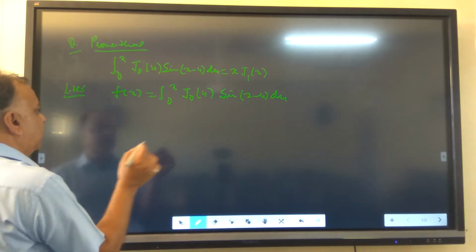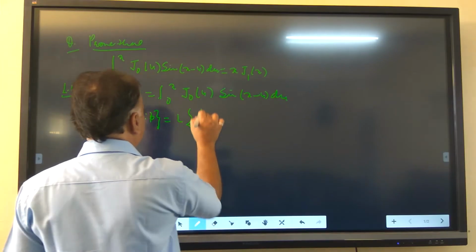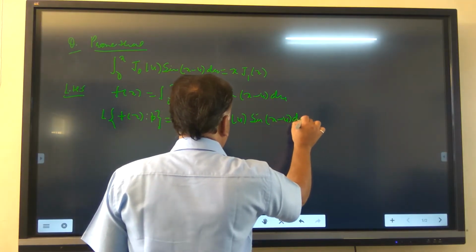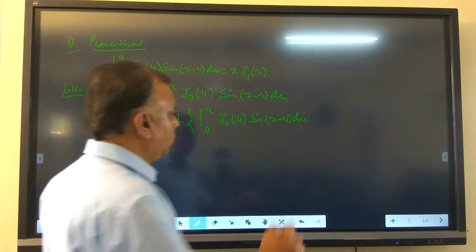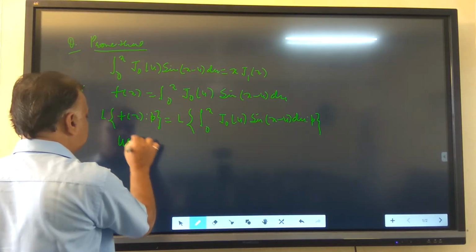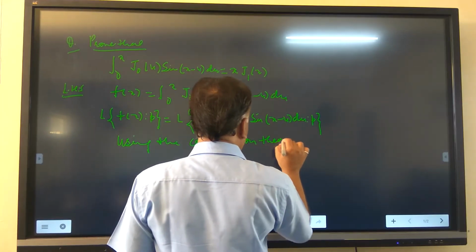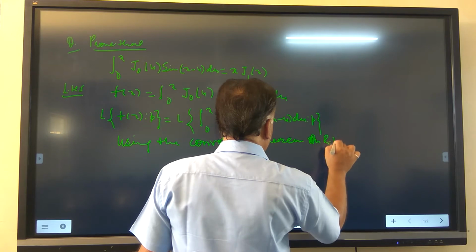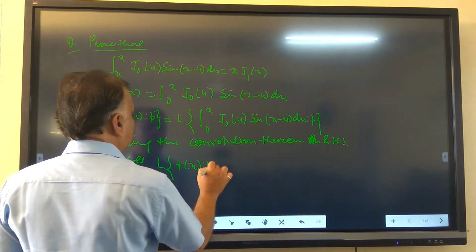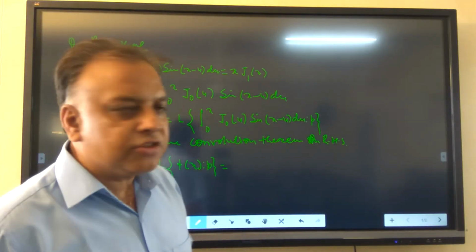If we take the Laplace transformation on both sides, we get the Laplace transformation of f(x) with respect to p is equal to the Laplace transformation of the integral from 0 to x of J0(u) sin(x minus u) du with respect to p.